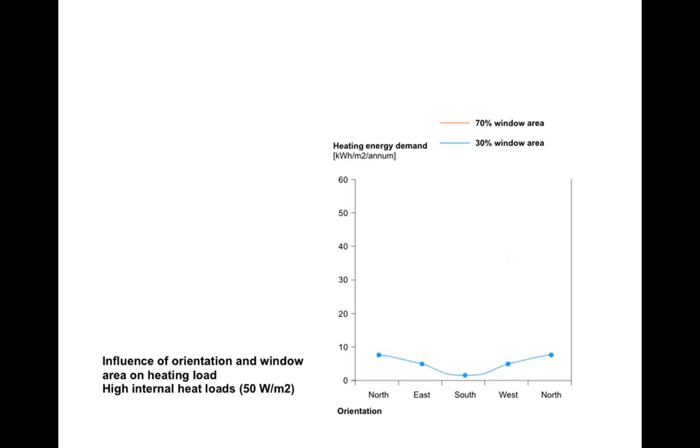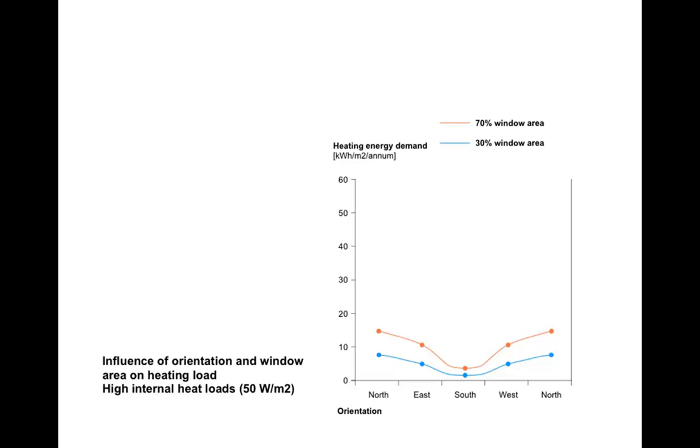So if we compare now, with our 30% window, we're barely providing any heat. We don't need to provide a lot of heat because we're providing the heat ourselves, but there is some heat provided, mainly in the north. And if we look at our 70%, again, the difference becomes much less. Okay?